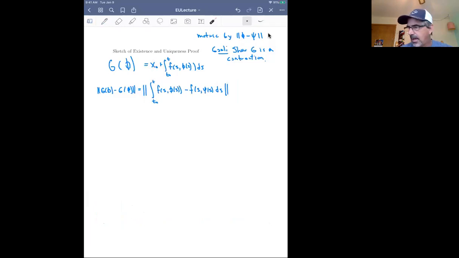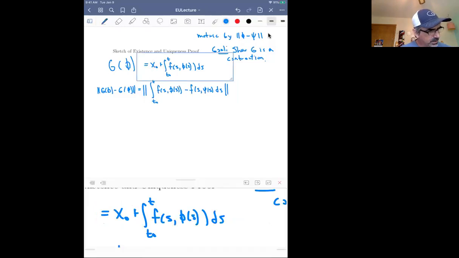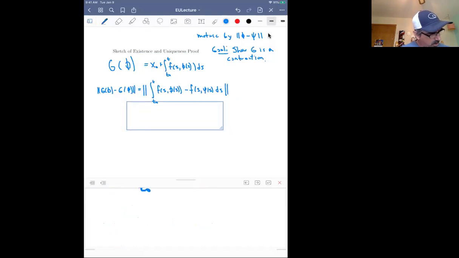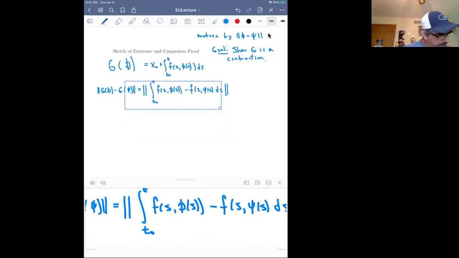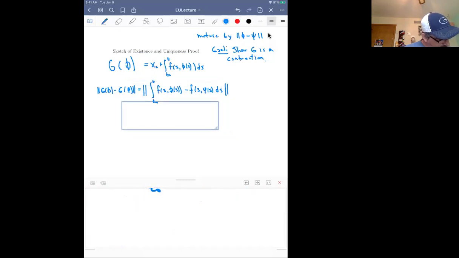The next step now is to bring the absolute values, or the distances, inside the function. When I do that, I can do two things.